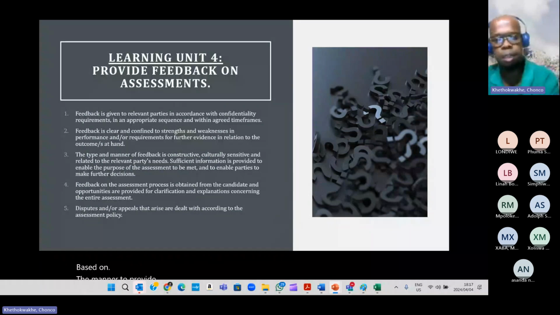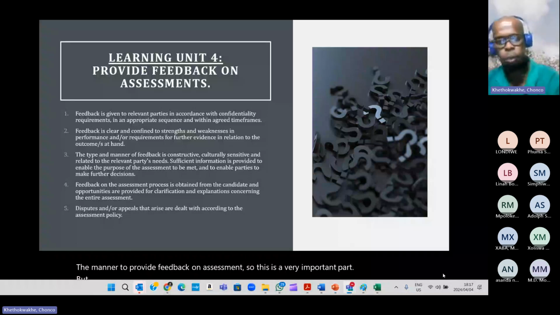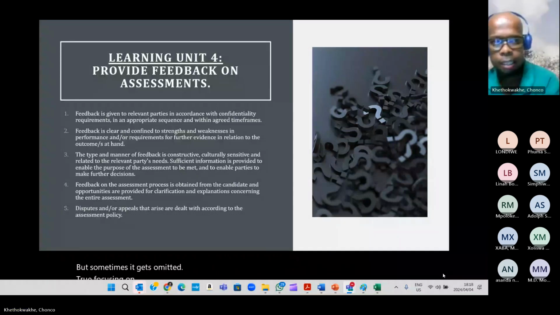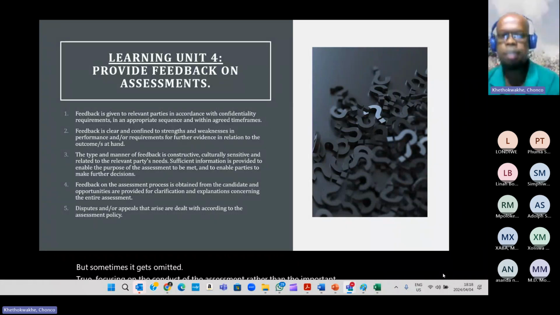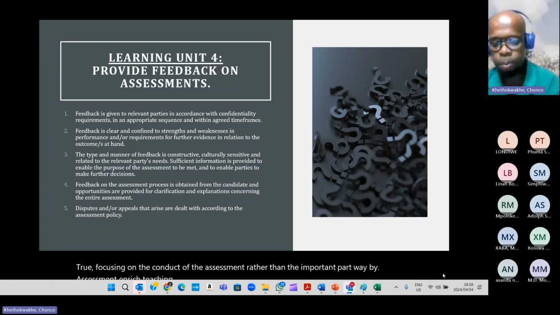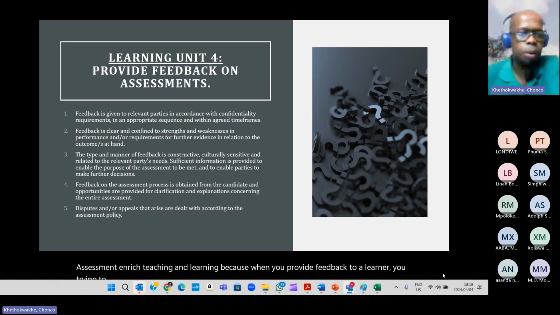So this is a very important part, but sometimes it gets omitted through focusing on the conduct of the assessment rather than the important part whereby assessment enriches teaching and learning. Because when you provide feedback to a learner, you're trying to build a learner wherever they are lacking. So through feedback, you can actually assist.